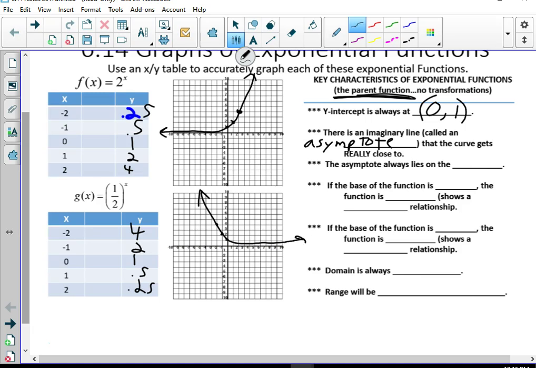Now again, remember, this only applies to the parent function. The asymptote is the x-axis. As long as I don't say plus 3 or minus 3 and move that bad boy up or down, the x-axis is the asymptote.